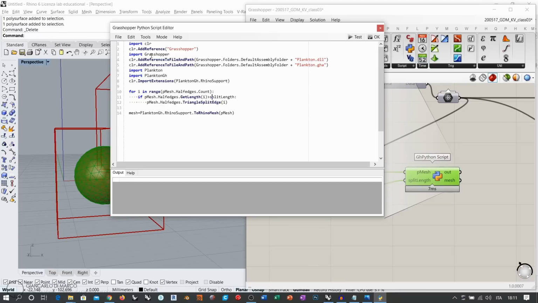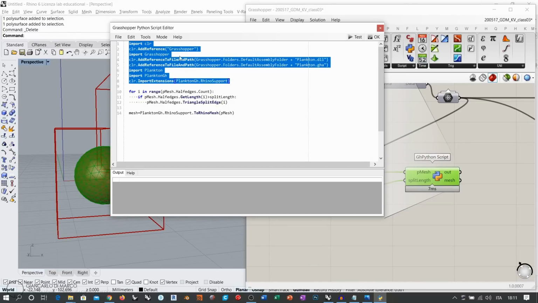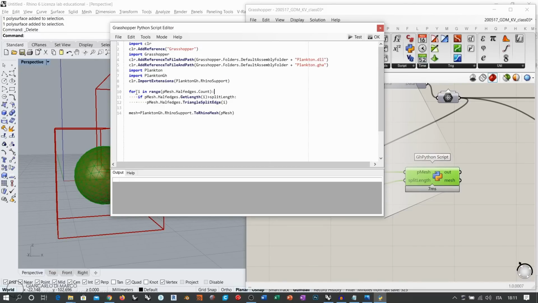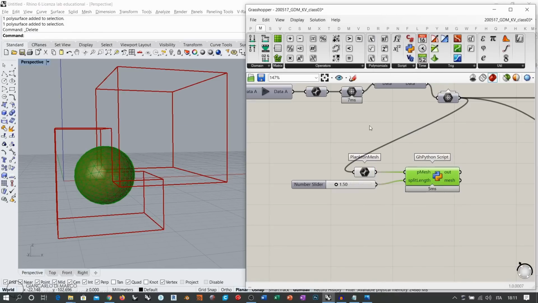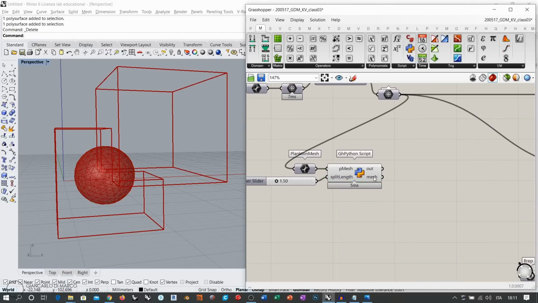So this is the script. Actually, as always in programming, you have a huge part of importing and preparing the environment, and then you have a very small part for the function. Especially in this case, I told you that this was going to be a very simple script. So let's close it, and then we have actually this, and this is outputting a mesh. So you see that it's no longer saying a Plankton mesh.